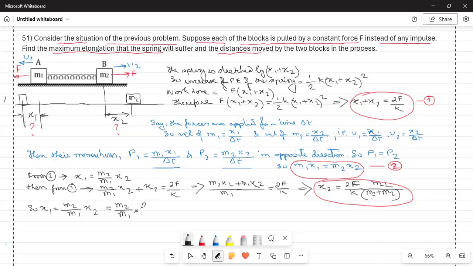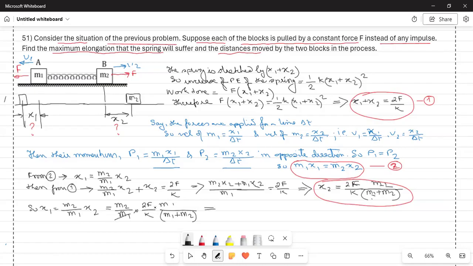We have got 2F by k into m1 divided by (m1 plus m2).